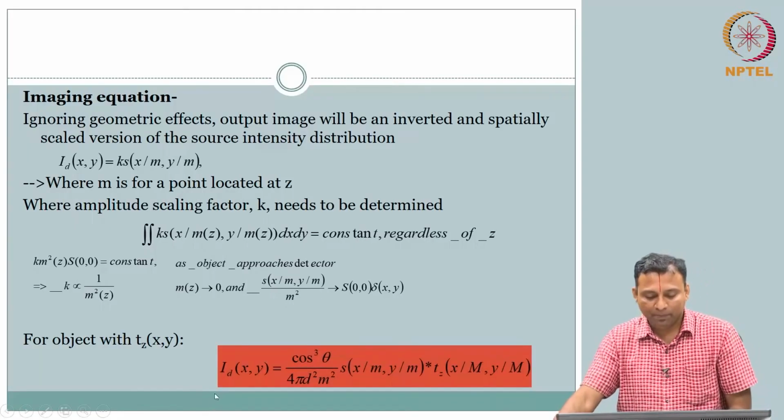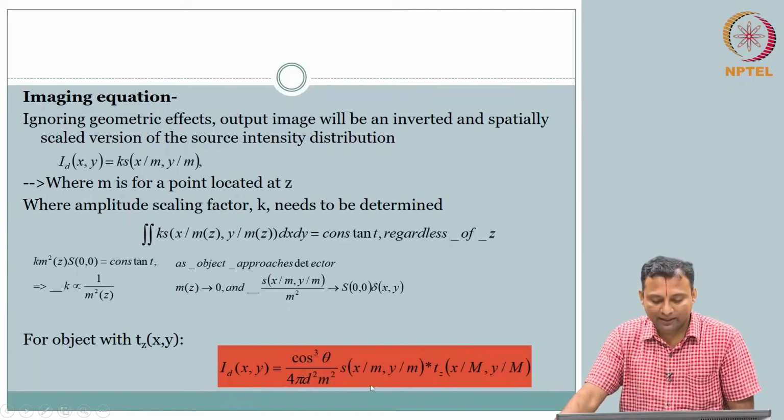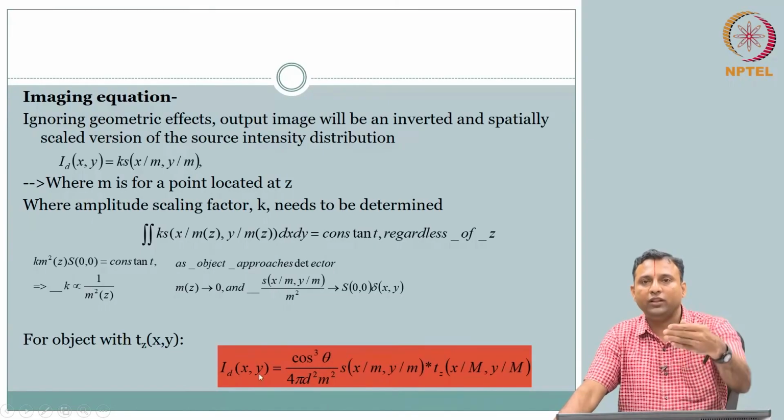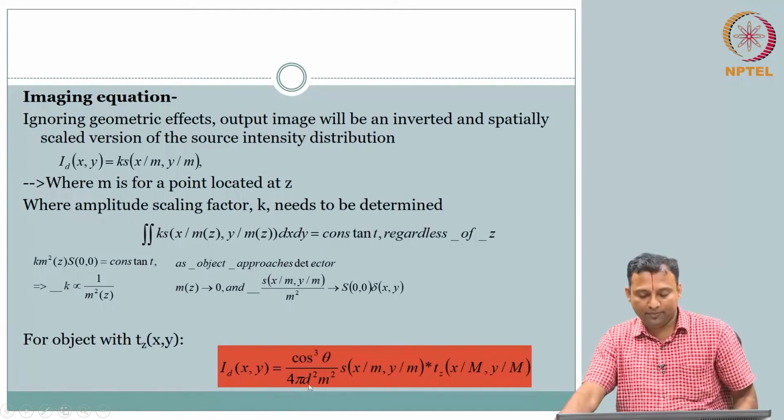So we will have I_d of x comma theta, other things we have incorporated, cos cube theta by 4 pi d square. So we have also incorporated your inverse square law, right.